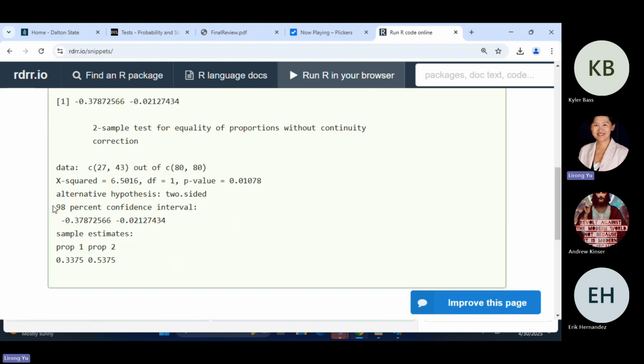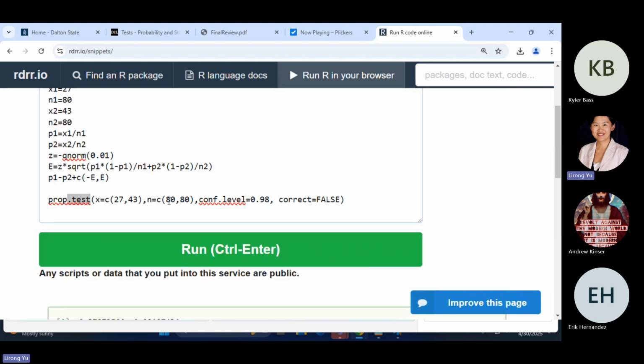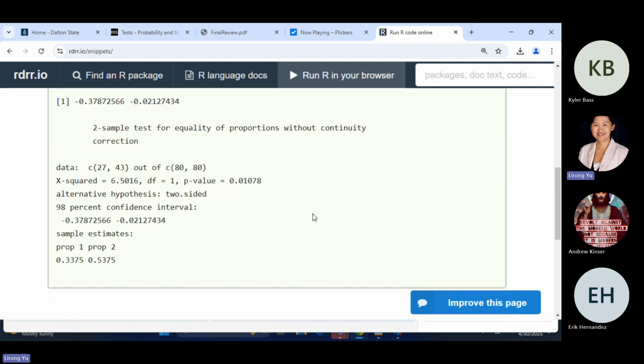98% confidence is also part of the outcome, even though it's still a proportion test. You see the p-value. That is definitely a small p-value. So the test result is significant. It's a small p-value, so we know that the two proportions are not equal.